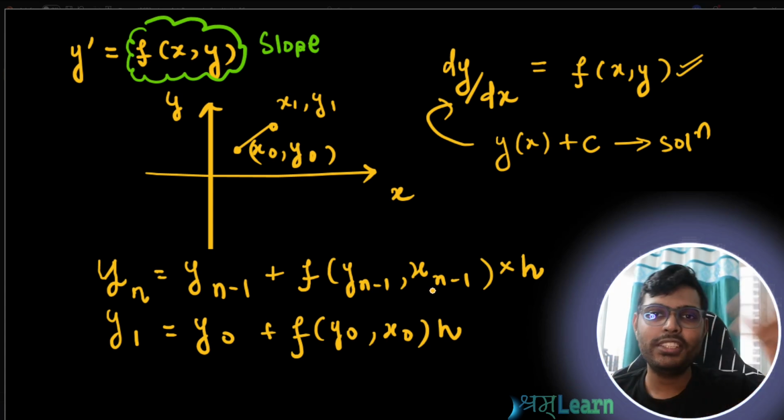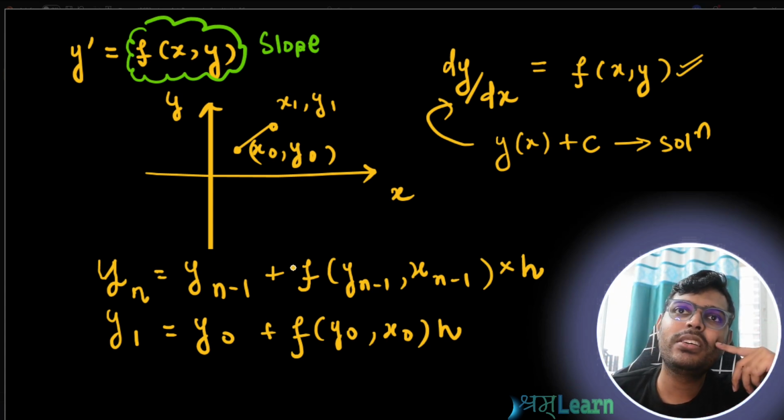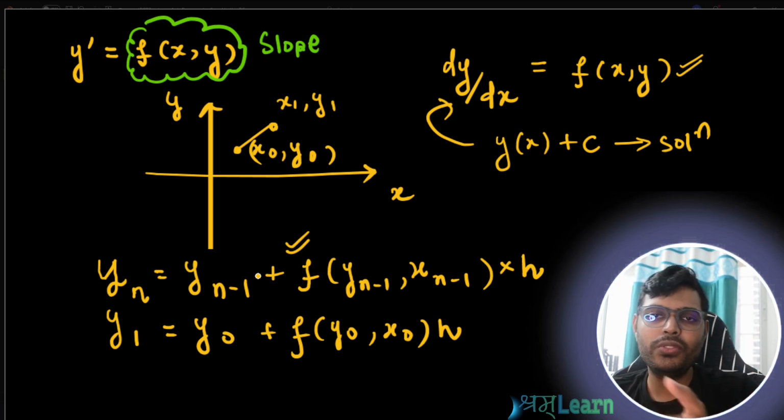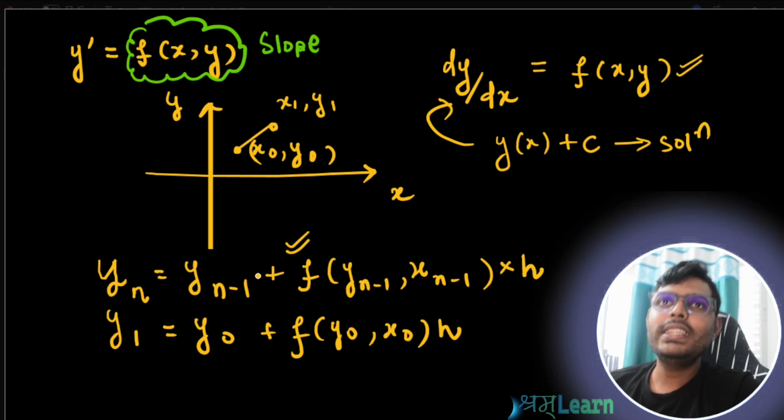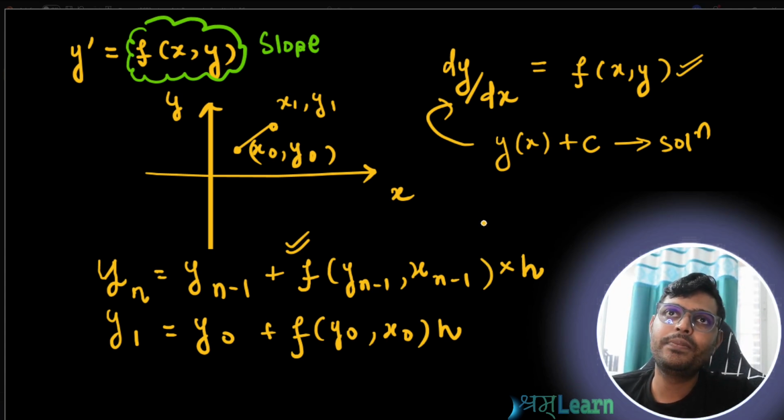Once we know y1, by the same description of the function, we can compute y2, which depends on y1 and x1. So what is happening here is interesting. We started with x0 y0, nothing but the initial condition.